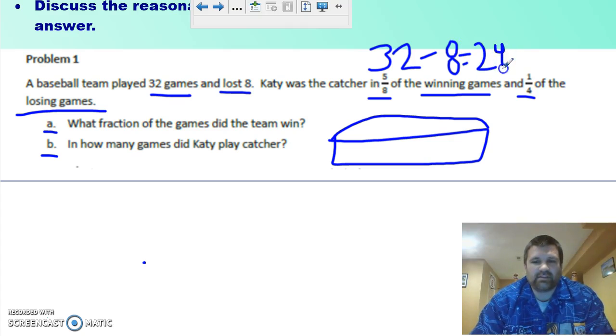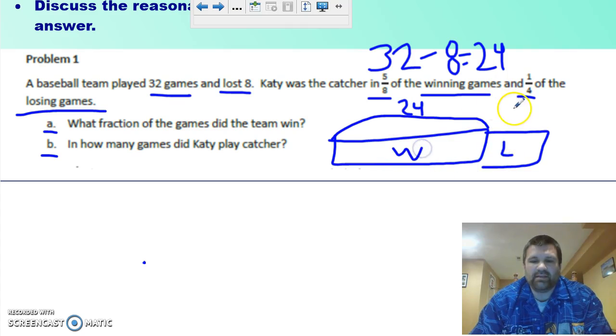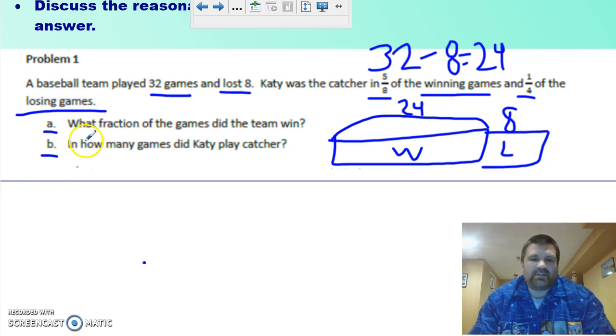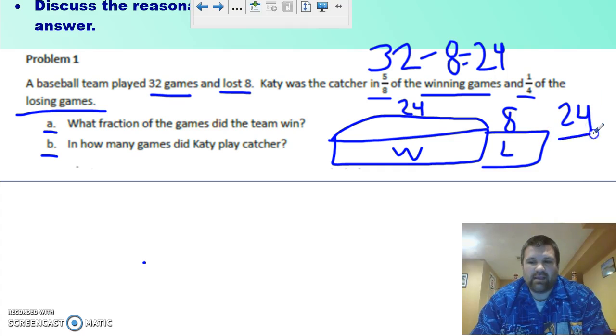You're getting so good at this. So from here to here is 24, and then from here to here, which is what they lost, it's 8. So what fraction of the games did the team win? Well, we know they won 24 out of 32.